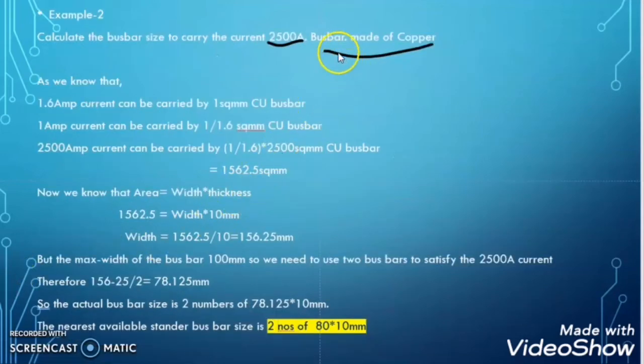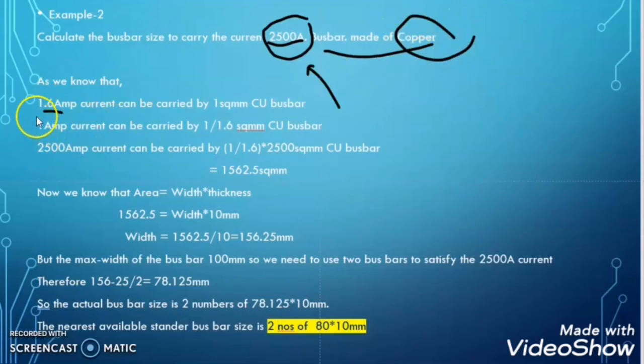In our next example, we have to size the bus bar to carry a current of 2500 ampere, a very massive current. As I discussed earlier, this is a copper bus bar, so my focus will be on the copper rating only.